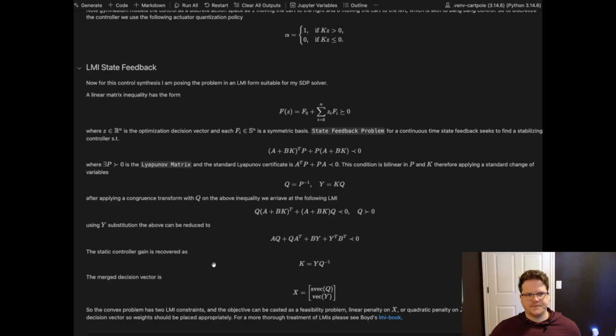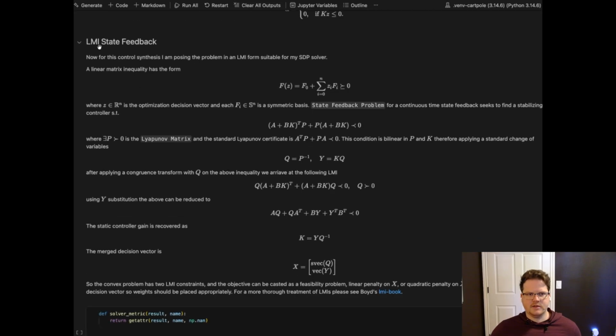Okay, so the LMI state feedback here. This part here is the standard form of a linear matrix inequality. At a first glance, if you're unfamiliar with it, it seems pretty esoteric and weird.